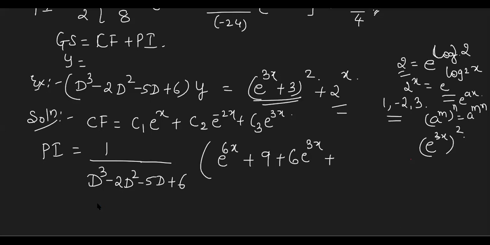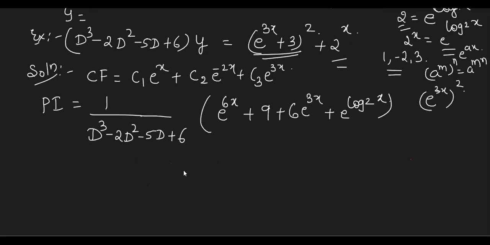So how to write 2 raised to x? e raised to log 2 into x. Clear? If you have only 2, we have another option. If you have 2 raised to x, this is what has to be applied. Even they may give 2 raised to minus x. If 2 raised to minus x is there, how to write it? e raised to minus log 2 x. Got it?